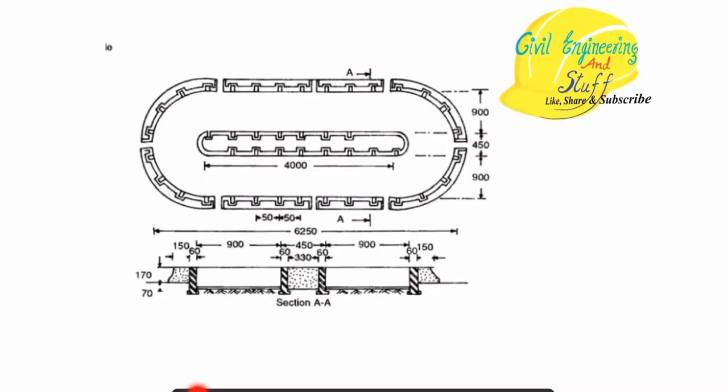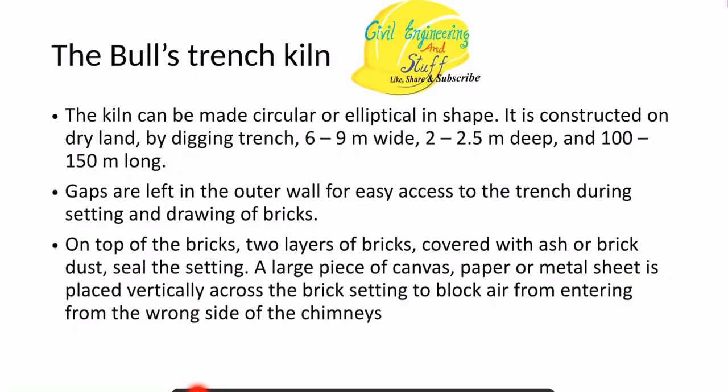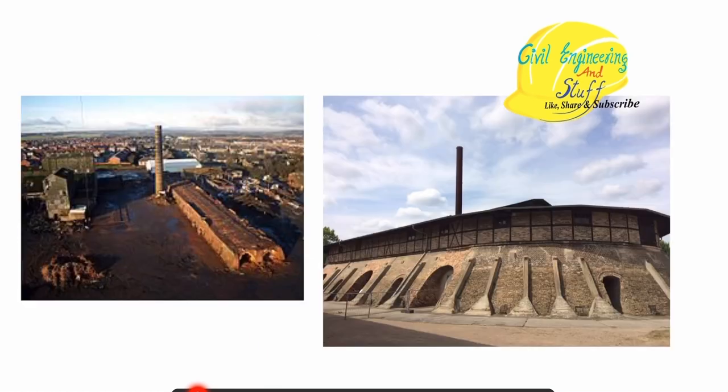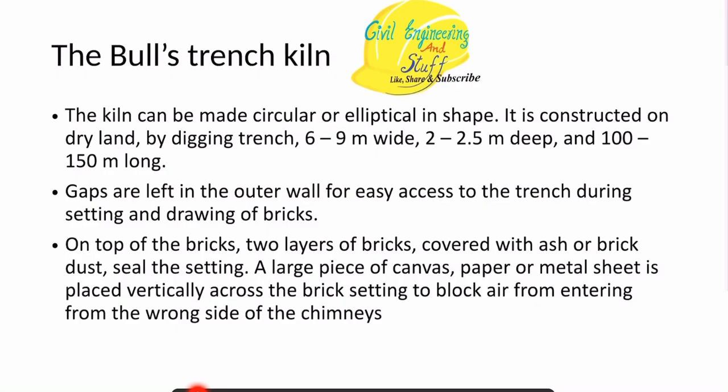That is, these are present below the ground surface, and the chimneys are made above the ground surface so that the excess heat or gases can escape, right? So this is one of the major differences between the bull trench kiln and the Hoffman kiln. That is, your Hoffman kiln is made above the ground surface, while your bull trench kiln is made below the ground surface.